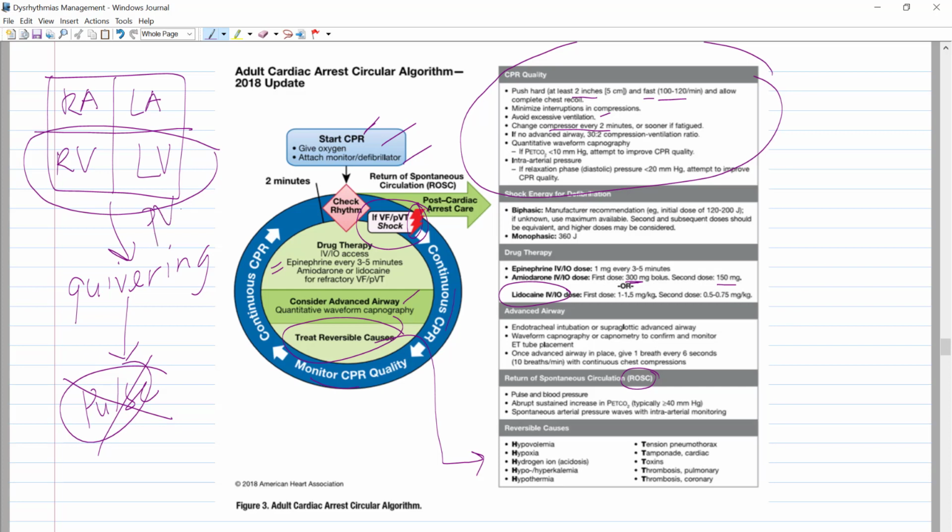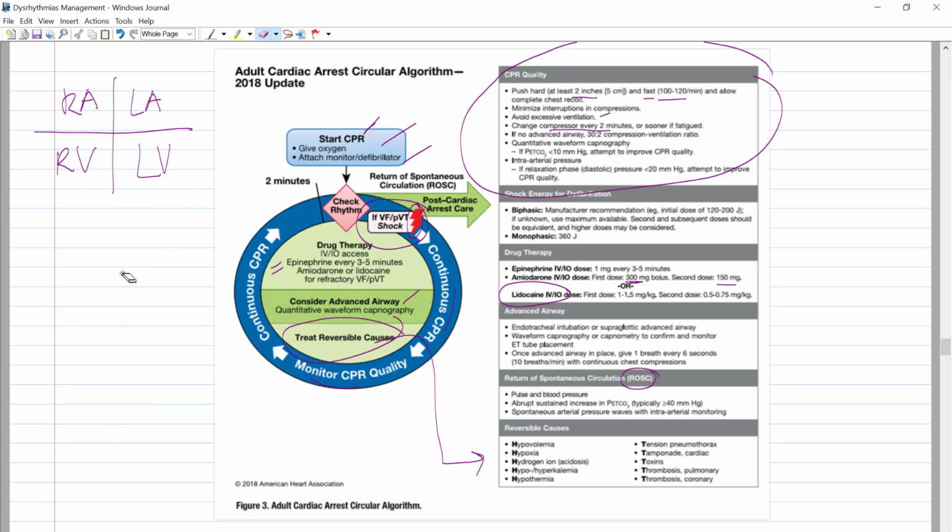If pulseless VTAC or VFIB are identified in the NCLEX question. Now, if it's not identified, you do CPR. And what does CPR do? Let's go there, so it's clear.